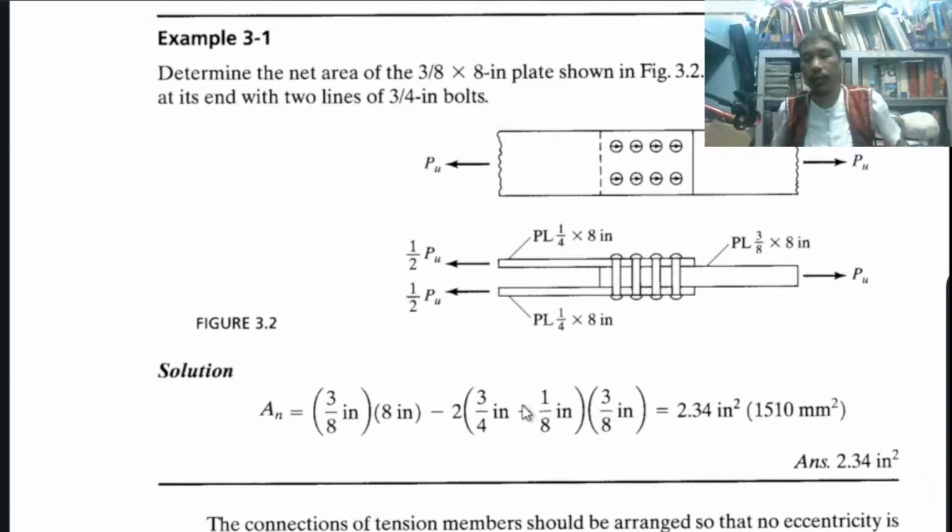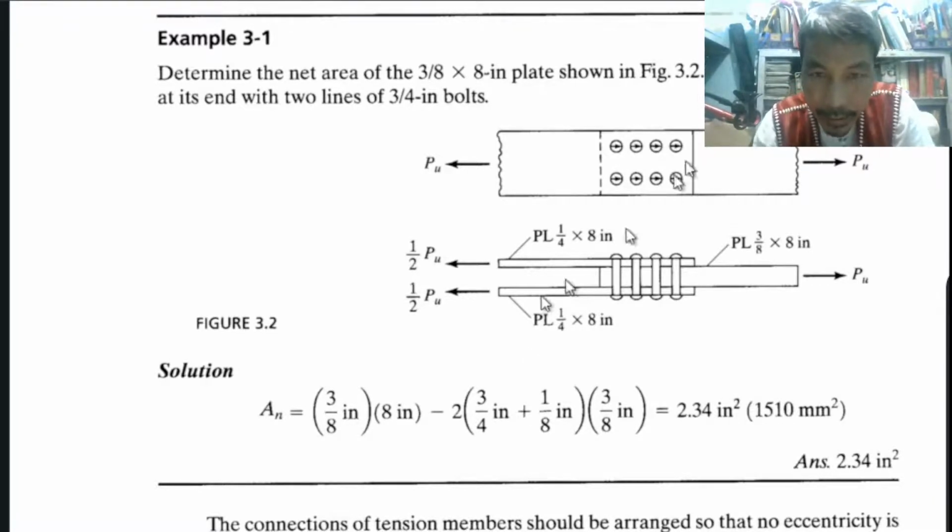Because there are only specific weakest lines. The weakest line will actually start from the edge, going to the nearest point of the hole, then along the hole, then going to the nearest point of the neighboring hole, and then from the nearest point of the hole to the edge.